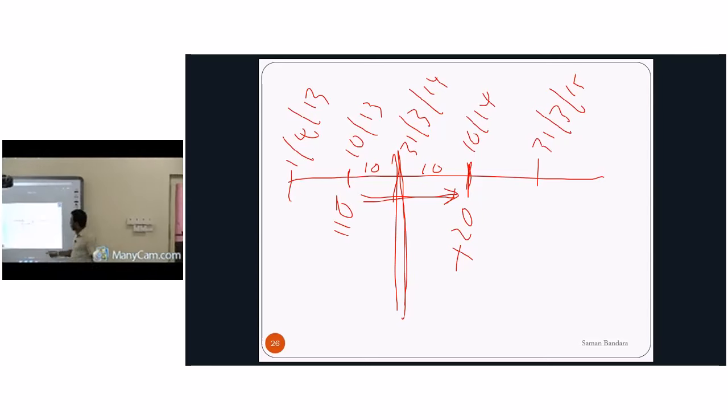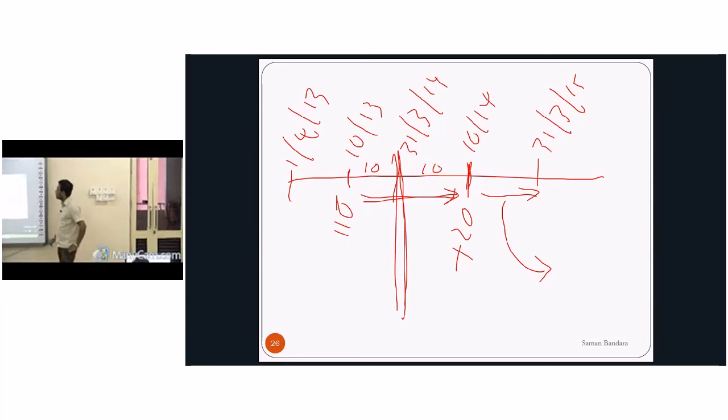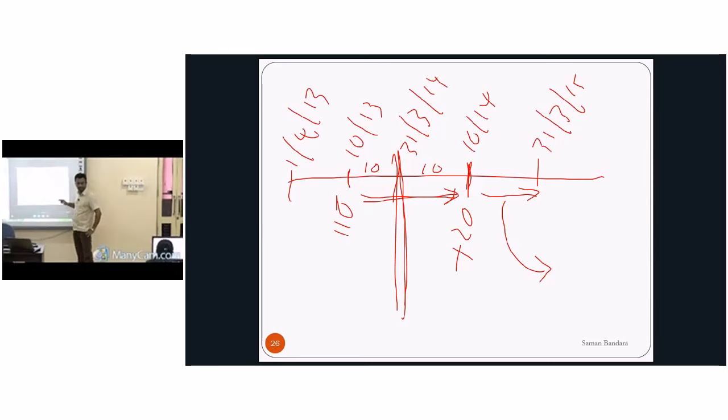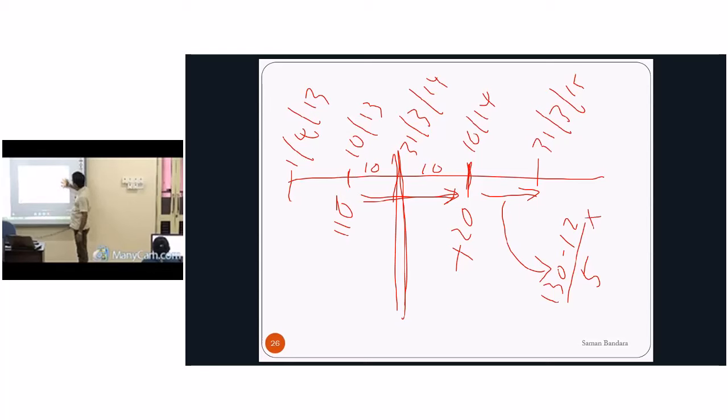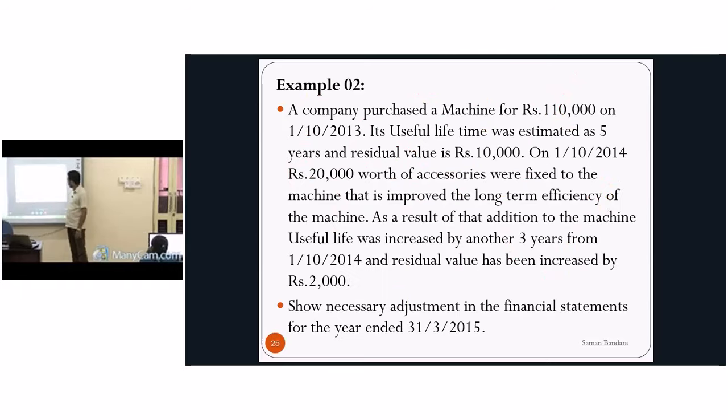Then we added another 20 here. From this point onwards, what is the depreciation for this period? Now 110 plus 20 means 130. 130 minus residual value, which has been increased by 2,000, so residual value will be 12,000, not 10. Divided by 5, into 6 months. Not 5, I made a mistake. By another 3 years, sorry.